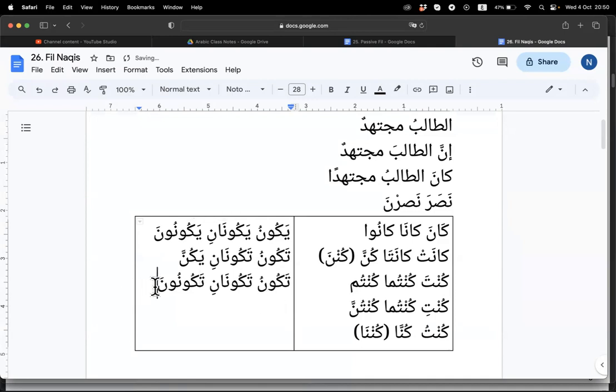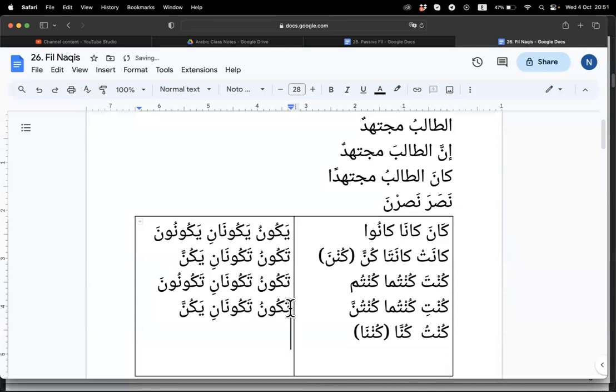And then anti. Anti is takuni. You add what at the end? Tansuru, tansurina. You add ina.